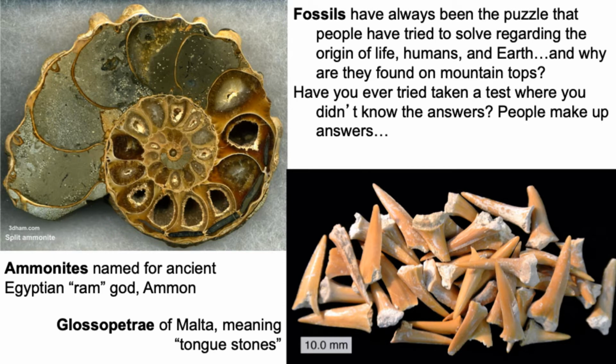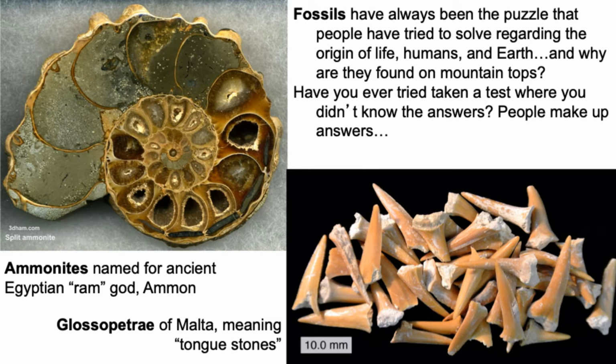So a lot of the folks at the time thought that these things would actually form spontaneously, plastically within the rock, or have been formed during creation at some point. And even if you have materials like this that are pretty obviously bony and enamel covered, the ones from Malta were referred to as glossopetrae, and glossopetra, the single one, meant tongue tooth, or tongue rock.